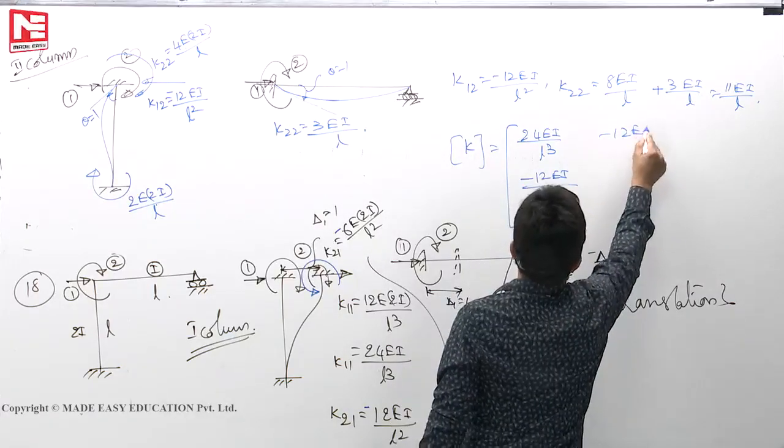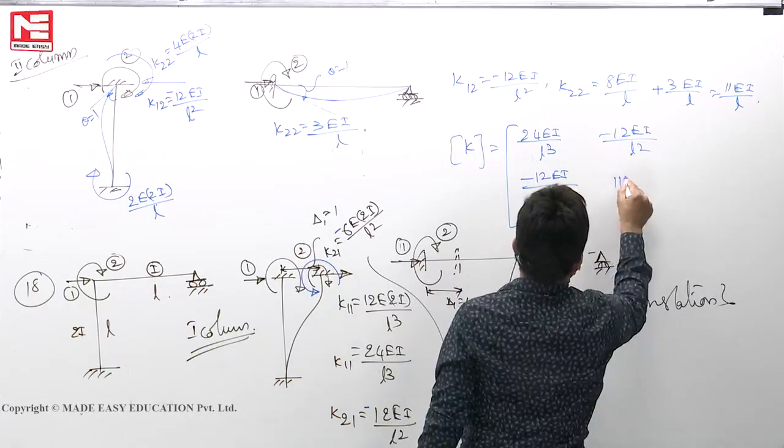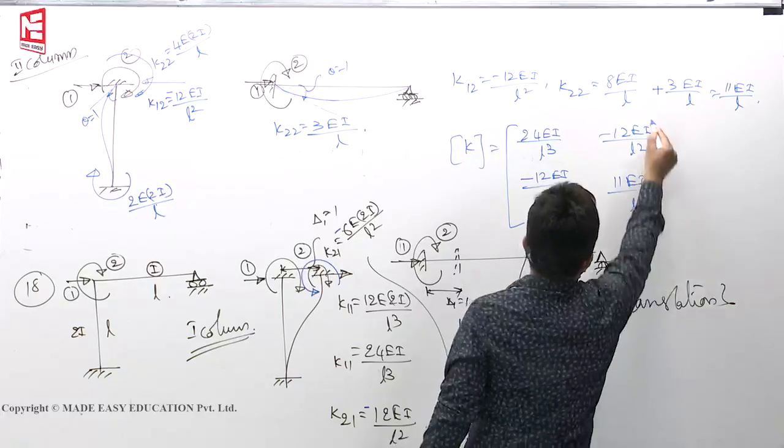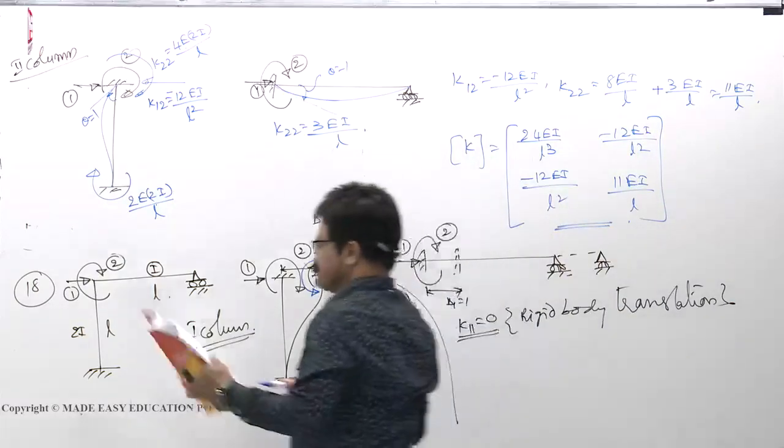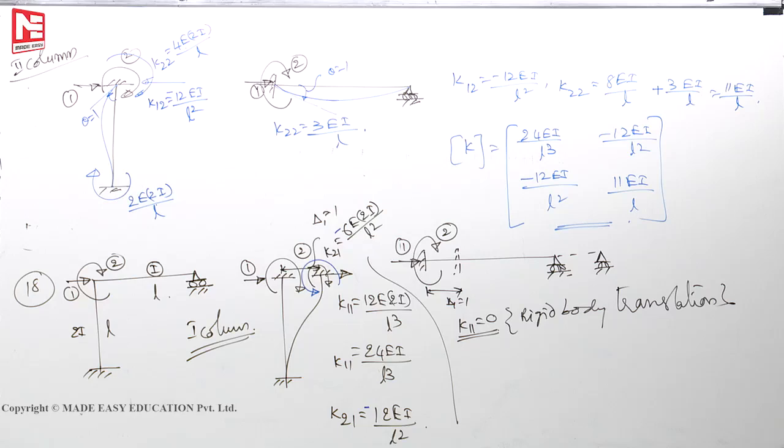This is minus 12EI by L square, 11EI by L, like this. So that is the stiffness matrix.